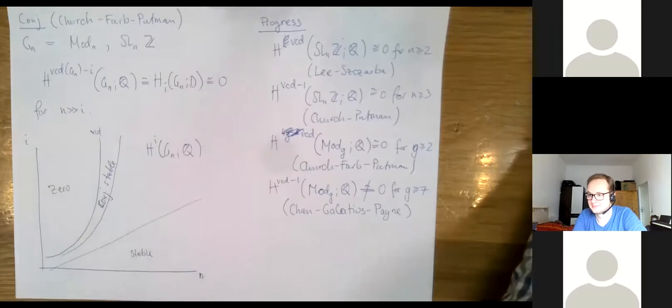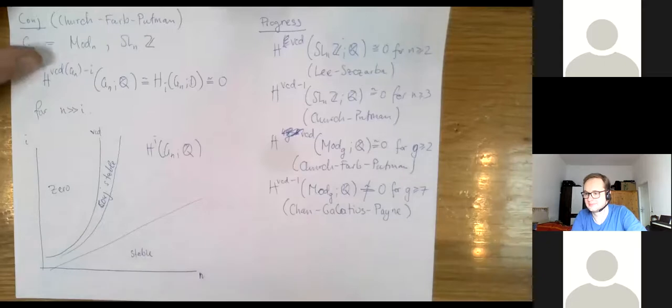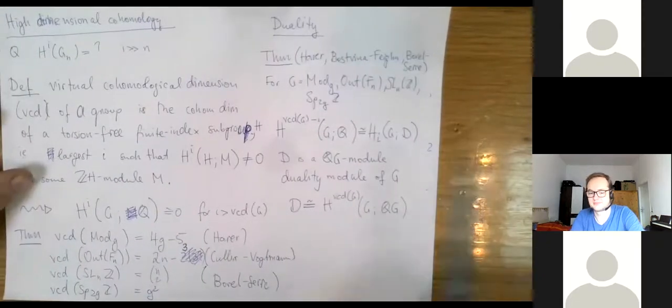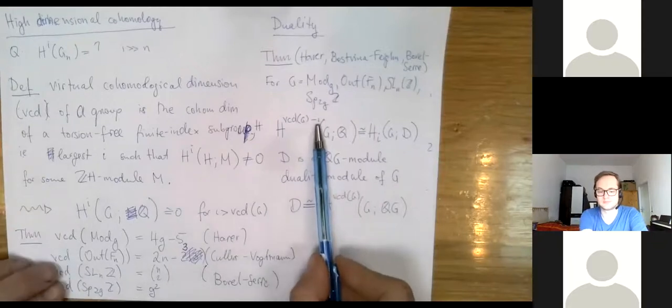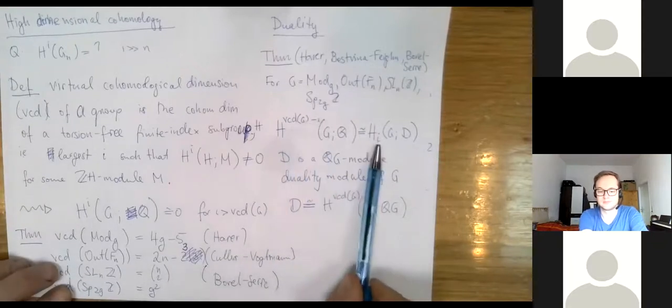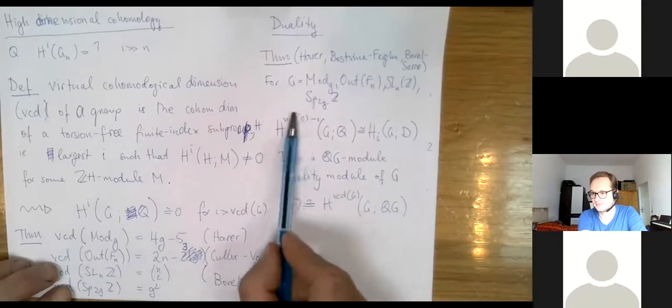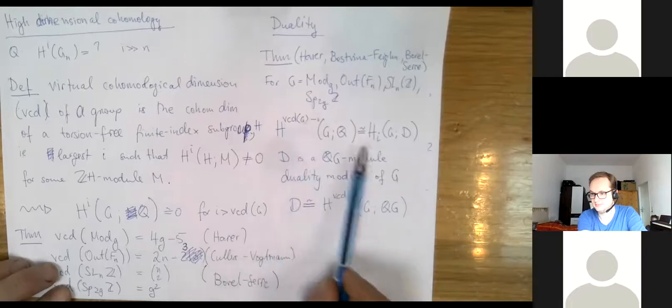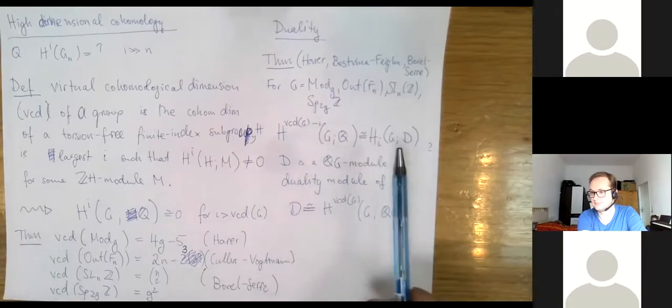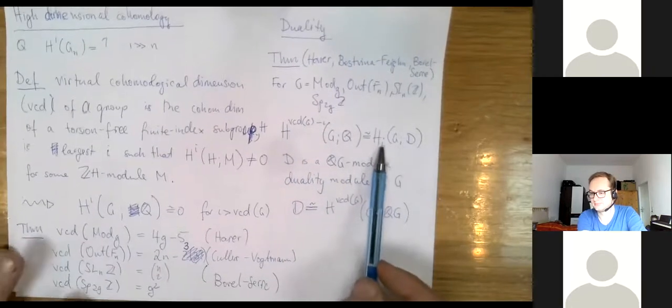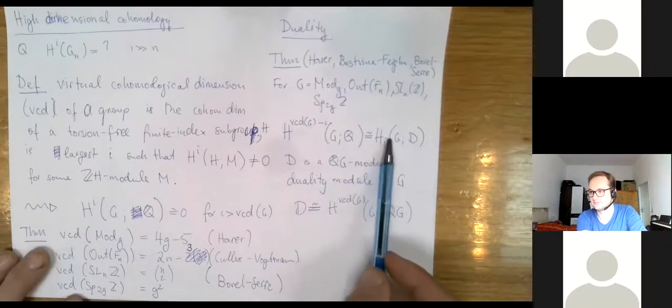The duality theorem, does it work for large i? So it's been asked whether the duality theorem works only for large i. No, this theorem is true for all i. If i is too large, in fact, then this number will get negative, which means in particular that this will be 0.